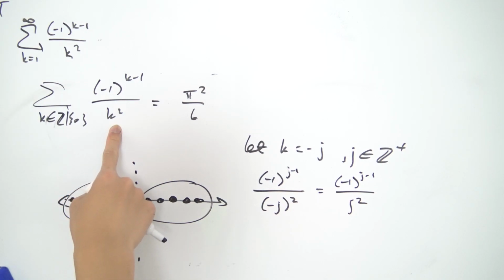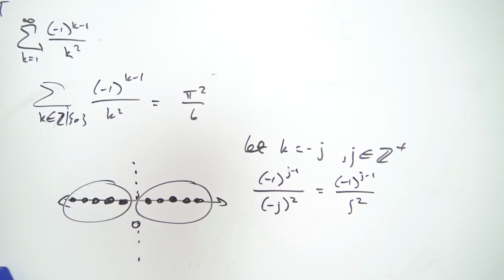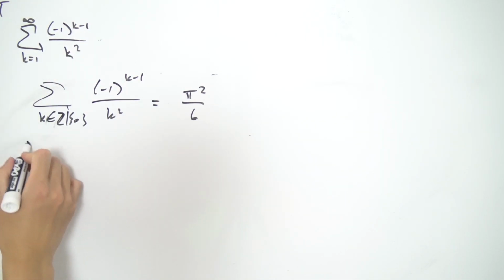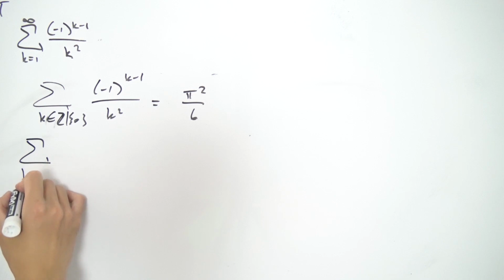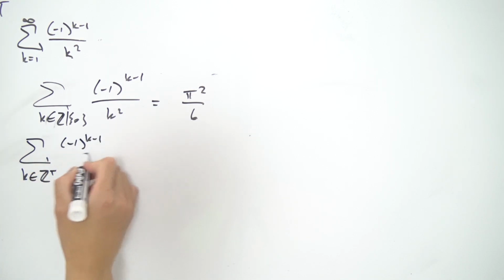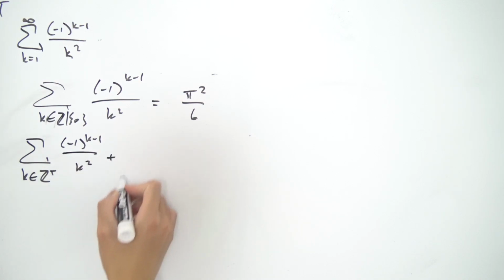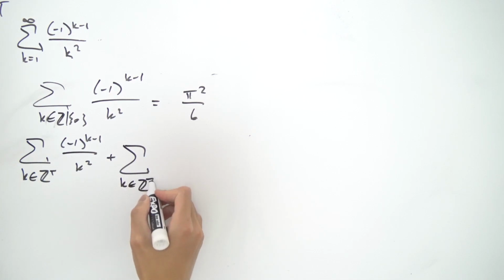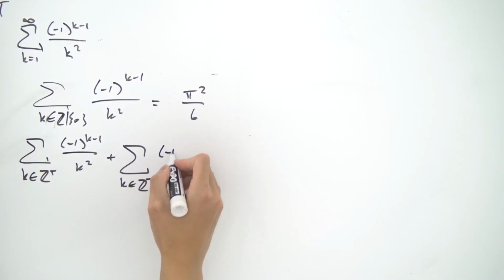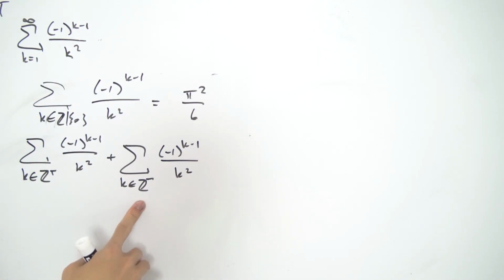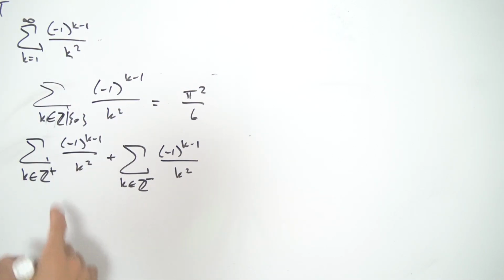So in fact, this function inside the sum is symmetric across 0, and we can use a nice trick for that. We know that if we take the sum over the positive integers of minus 1 to the k minus 1 over k squared, and then we add it with the sum over the negative integers of minus 1 to the k minus 1 over k squared, notice that if you add these two sums together, then you get the sum over all the integers excluding 0.